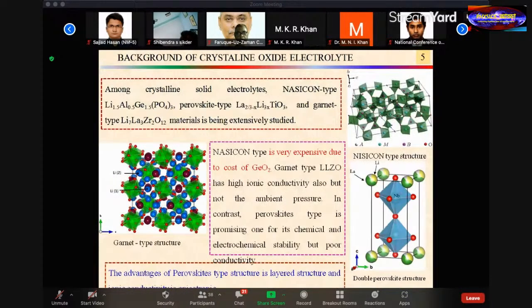Different types of single crystals are used in some very small devices at present. Among them, the perovskite materials are very important because of their structural advantages and excellent chemical and electrochemical properties.